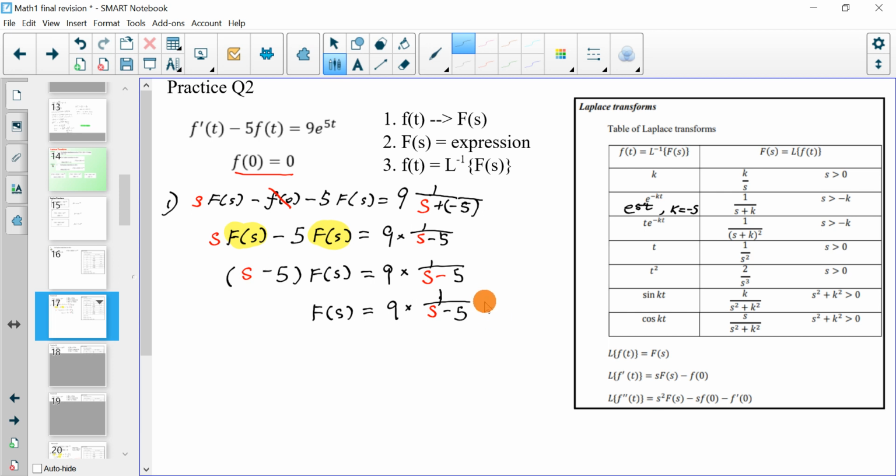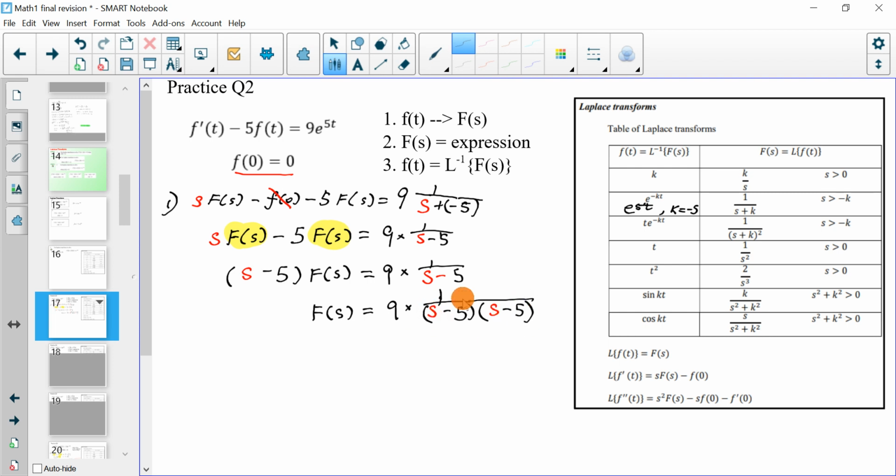When we divide something, that item would go onto the denominator, so I would have another s minus 5 because I'm dividing on both sides of the equation.